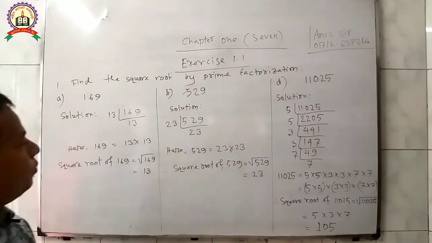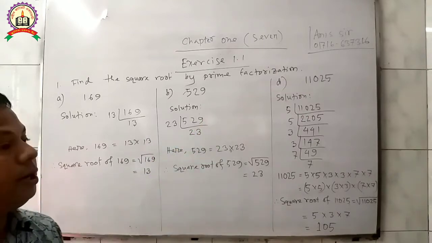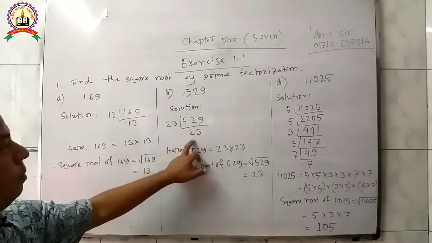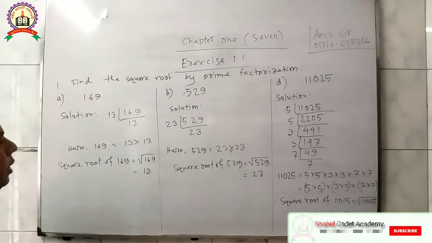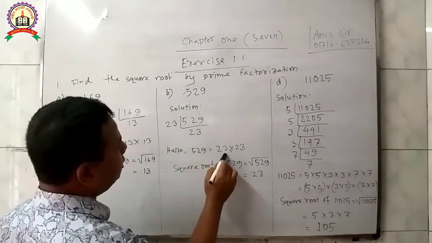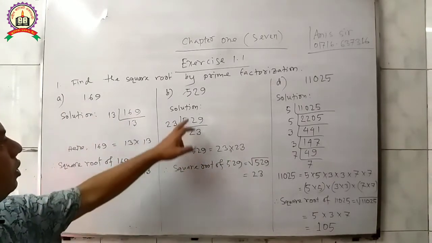So we get 2 prime factors of 529. In the same way, here 529 is equal to 23 into 23. These 2 prime factors we get from this number.